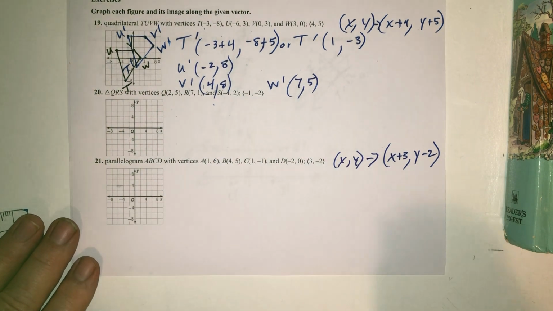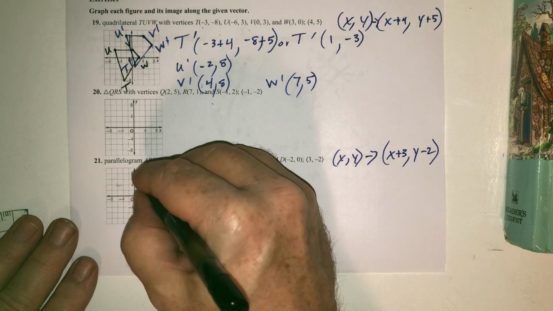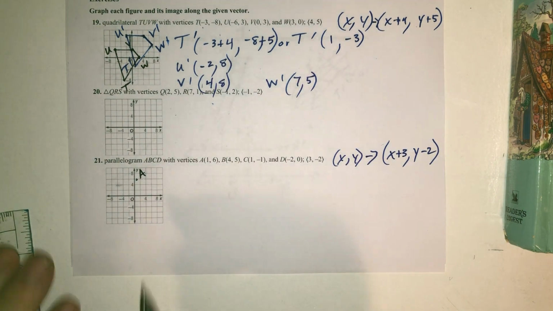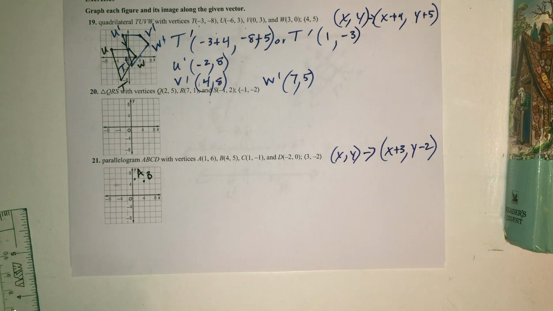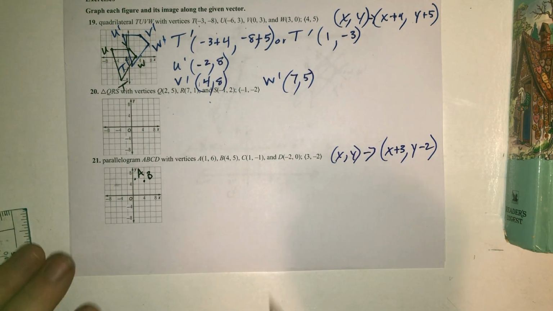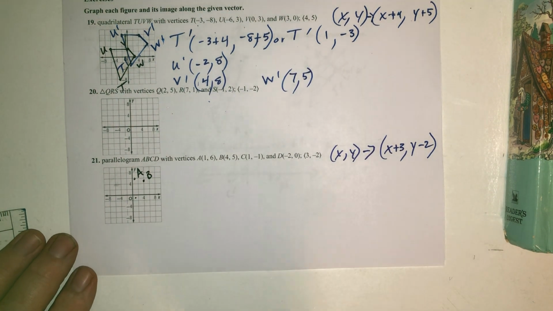The original is at 1, 6, so there's point A. 4, 5 is point B. C is at 1, -1, which would be in the center of that box right there.